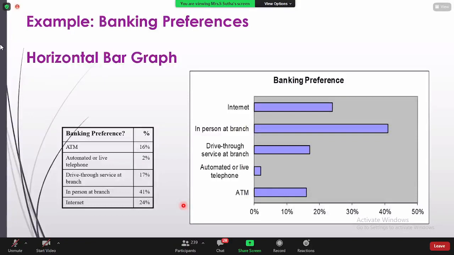Suppose the banking manager asks you, you are joining as a trainee statistician. Then the bank manager gave this chart, and he asked, based on this chart, what is your decision? You put your decision in the chat box. How can you make the decision?